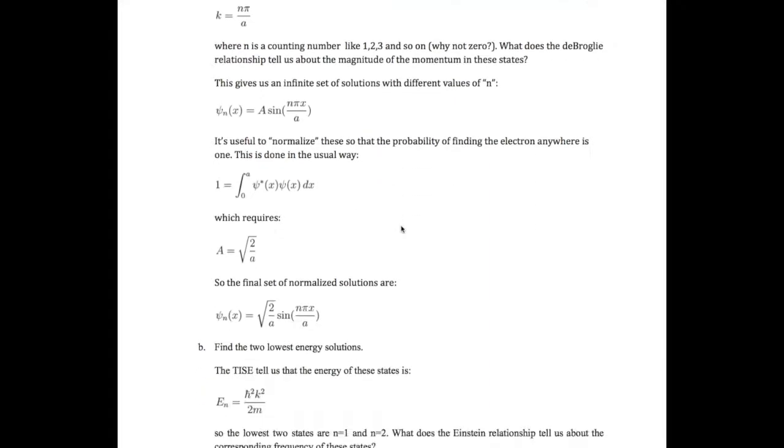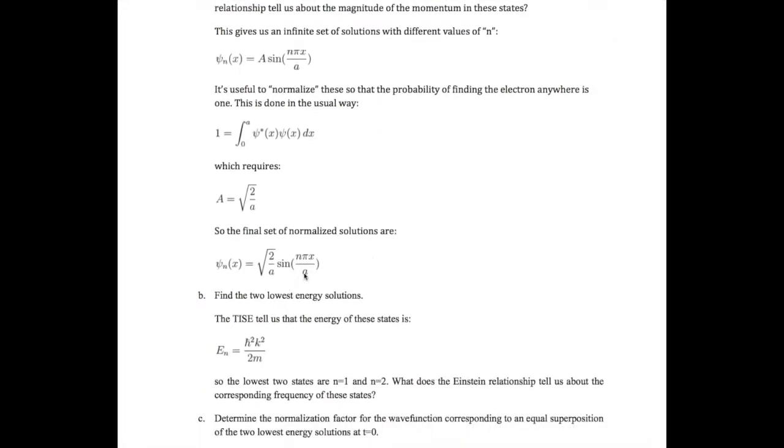The solutions are sine functions with this integer n, which is used to enumerate the various quantum states. The quantum states might remind you a little bit of the waves on a string. You've got the fundamental mode of vibration and the first harmonic and the second harmonic and so on. These harmonics are just like the quantum numbers of the states of the infinite square well.